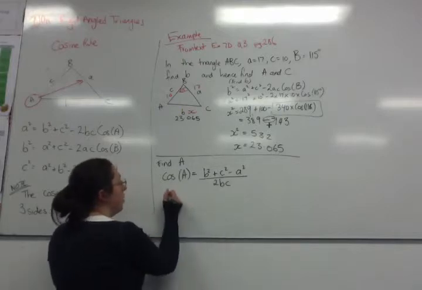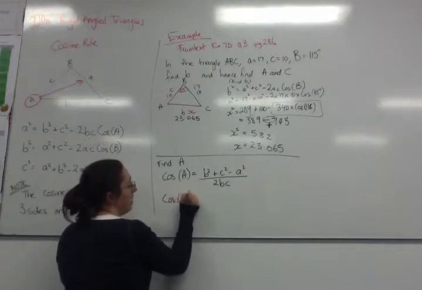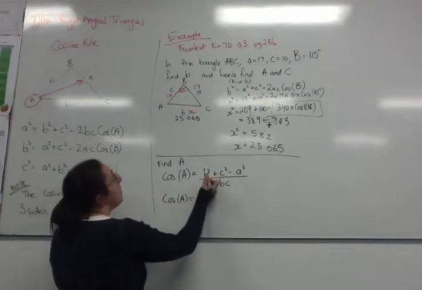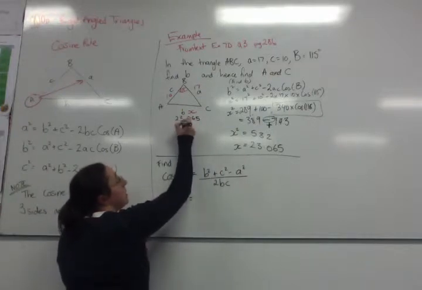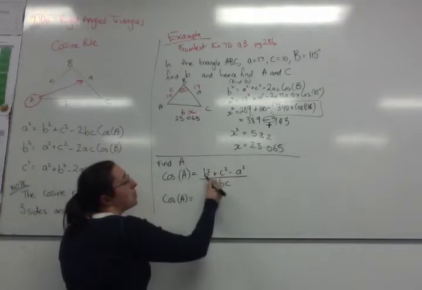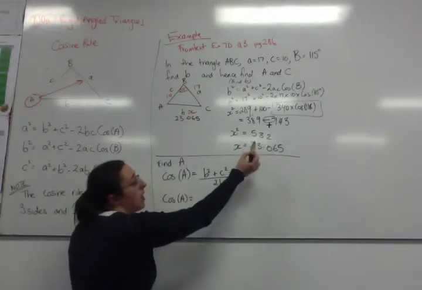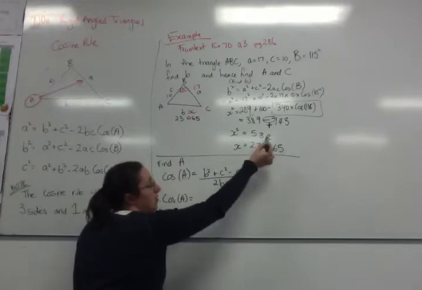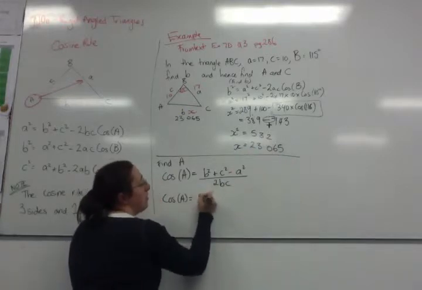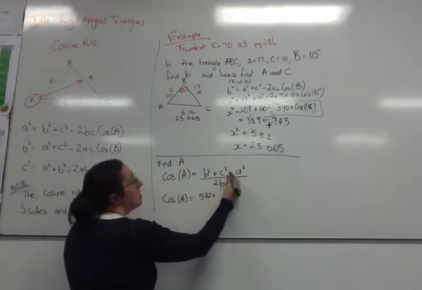Okay, so cos of A is equal to B squared. Now we know that B is 23.065. B squared is actually 532. So rather than using this number, let's go back to this one. 532 plus C squared.